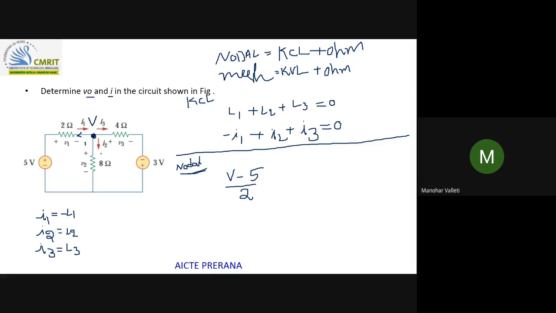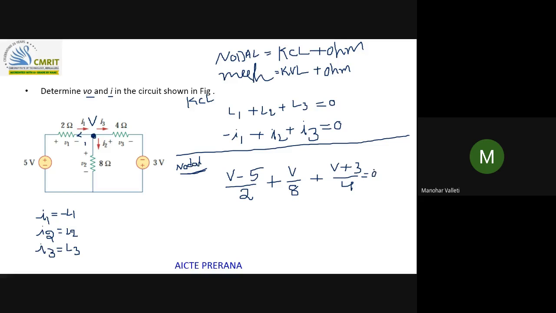Same way, plus V by 8 will give me the current flowing through this 8 ohm, plus V minus of minus, plus 3 by 4.